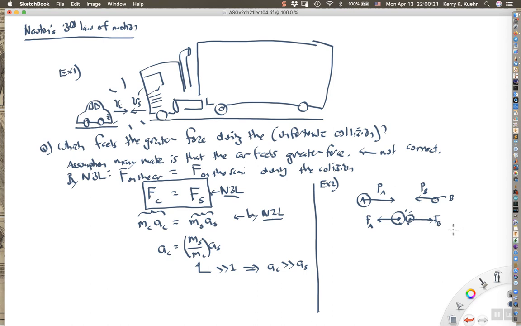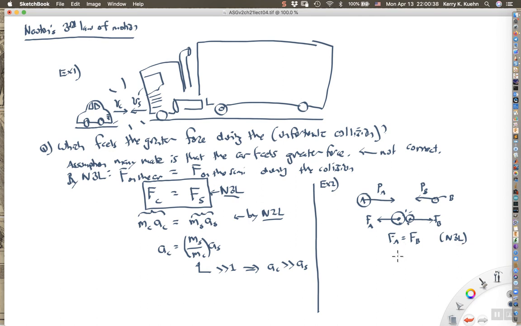So they both feel the same force, but the forces are exhibited in opposite directions. Okay, so in other words, force A is equal in size to force B. This is Newton's third law, right?